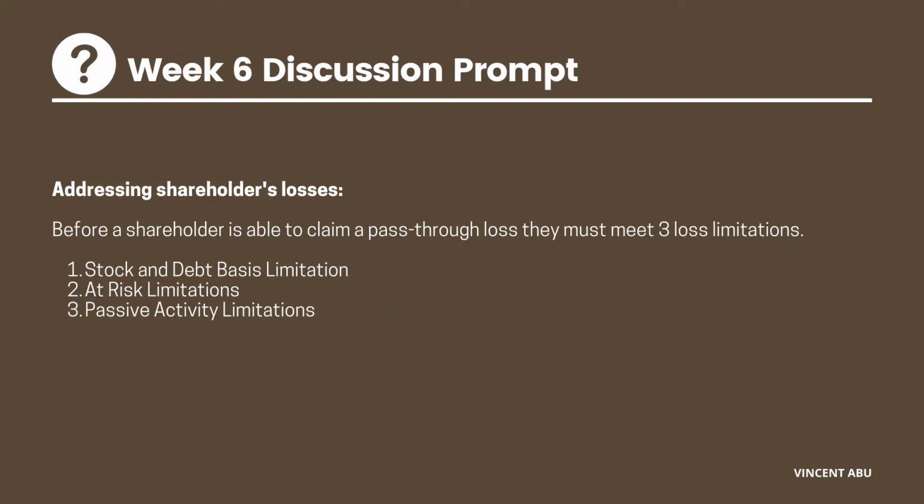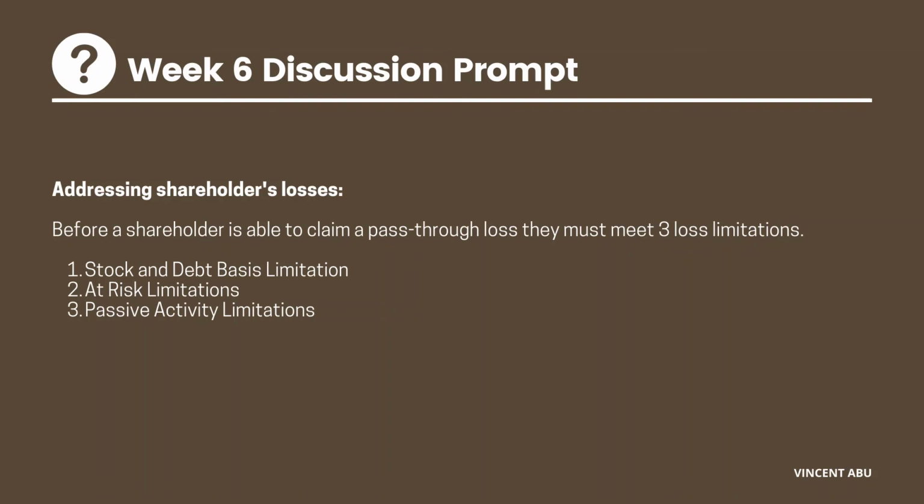So to address how a shareholder can claim a loss, before a shareholder can claim a pass-through loss, they must meet three loss limitations first: the stock and debt basis limitations, the at-risk limitations, and the passive activity limitations.